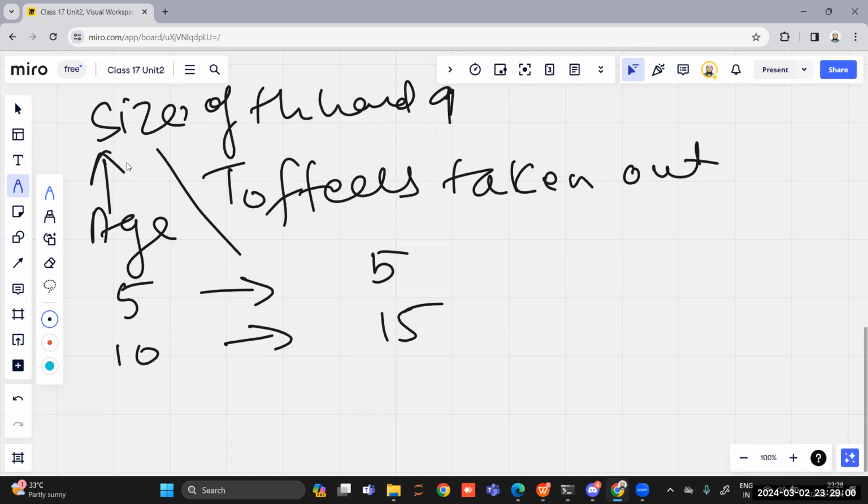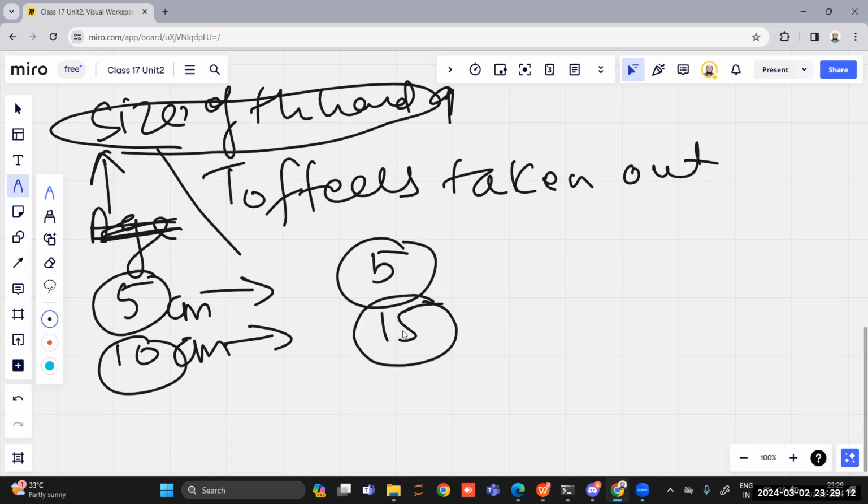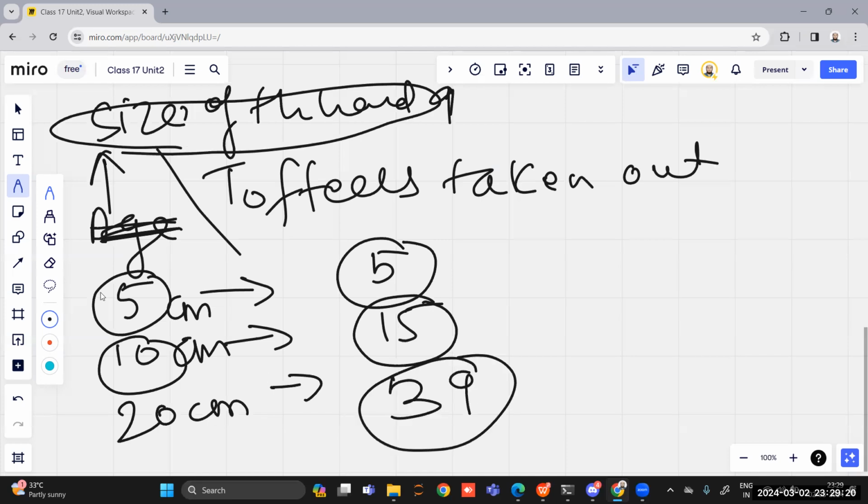So he's not looking at the age, he's measuring the size of the hand. Suppose it is 5 centimeters, then 5 toffees fit in it. Suppose it's 10 centimeters, 15 toffees or chocolates fit in it. If it is 20 centimeters, a very large hand, then for example 39 toffees will fit in. So as the size of the hand is increasing, the number of chocolates in the hand is also increasing.